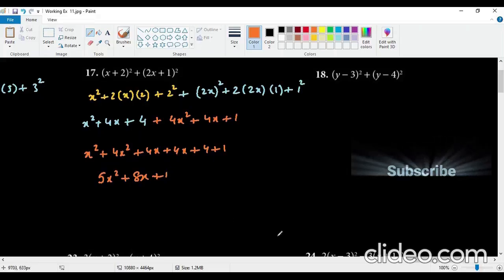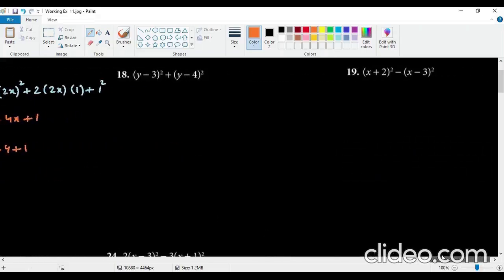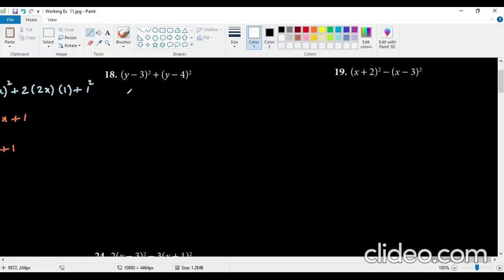Moving on to the next question, which is 18. I repeat, a square minus 2ab plus b square, and now I'm using a plus sign, which is this one, and I will use a square minus 2ab plus b square.